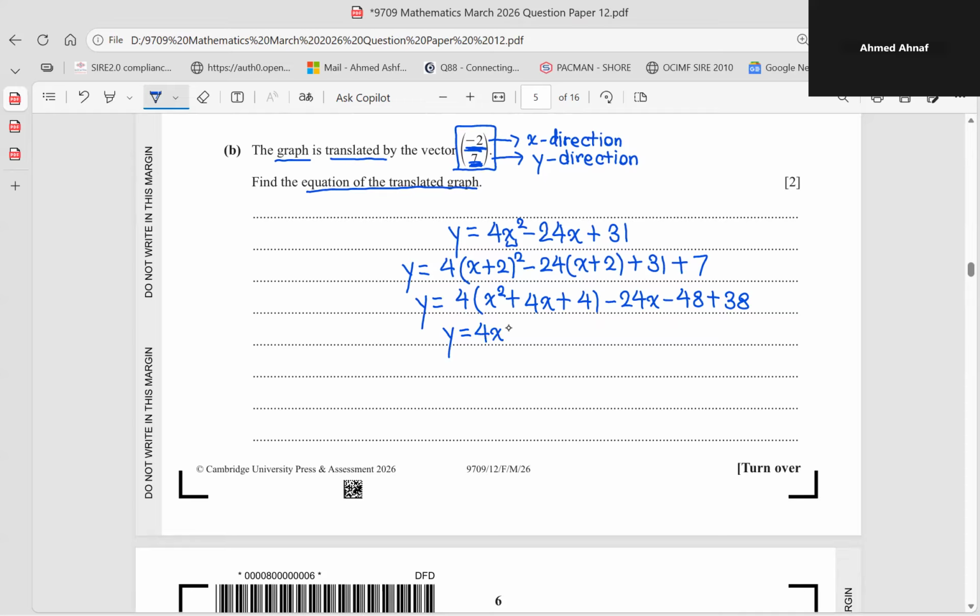So 4x squared plus 16x plus 16 minus 24x minus 48 plus 38. Then you get 4x squared, minus 24 plus 16, that's minus 8x, plus 6. Yeah, so this would be our final answer for this second part.